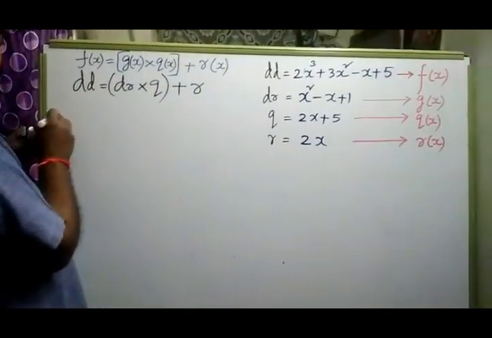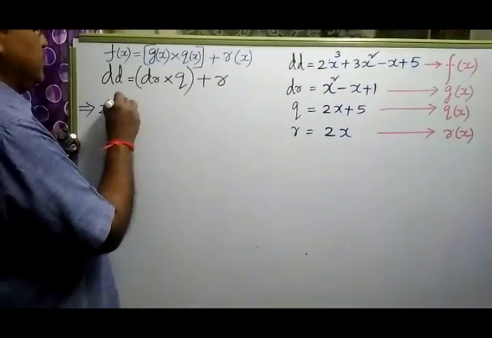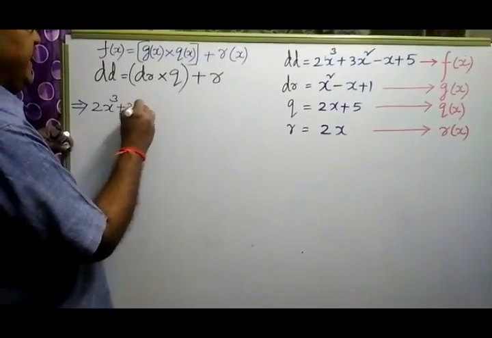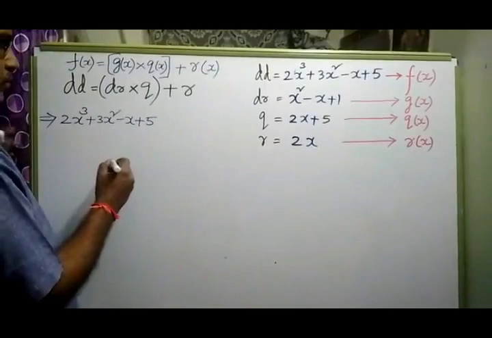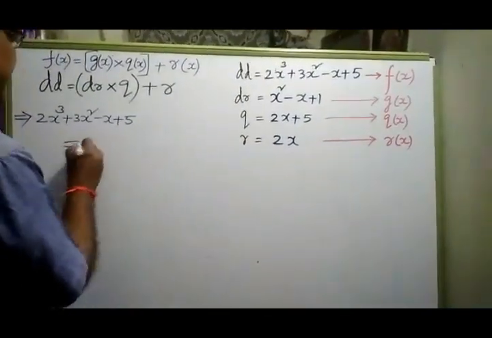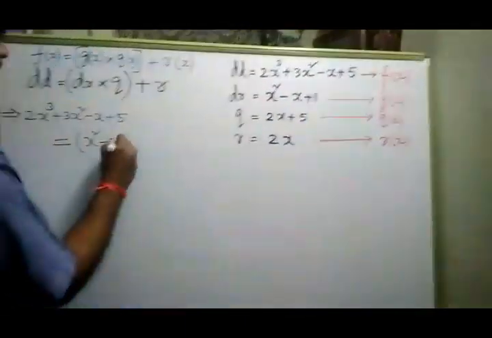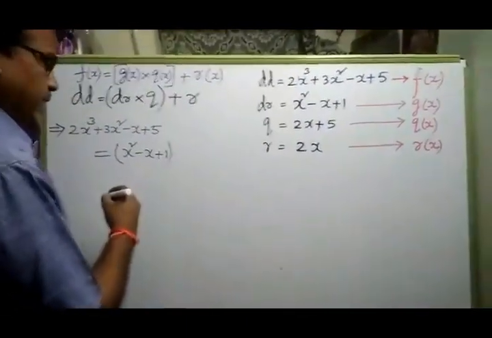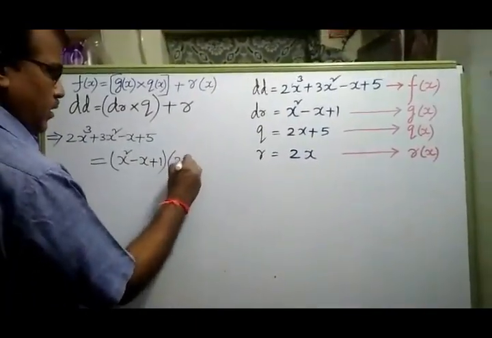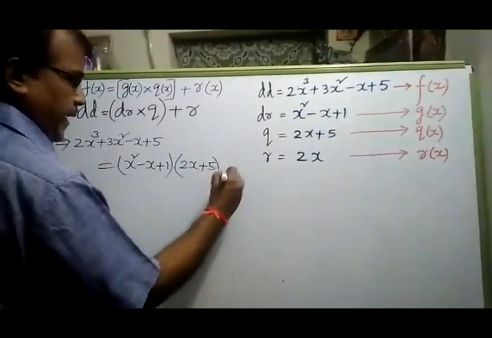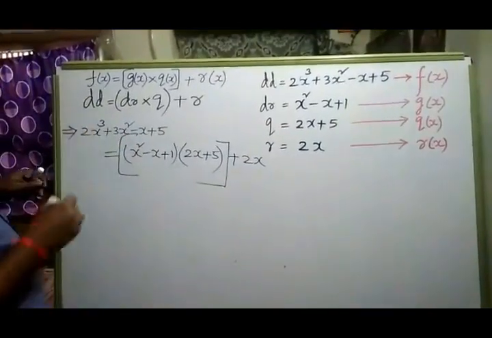Now what is dividend? Dividend is nothing but 2x cube plus 3x square minus x plus 5, is equal to divisor. What is the divisor? x square minus x plus 1, into the quotient, I am not keeping brackets, 2x plus 5, plus remainder 2x.